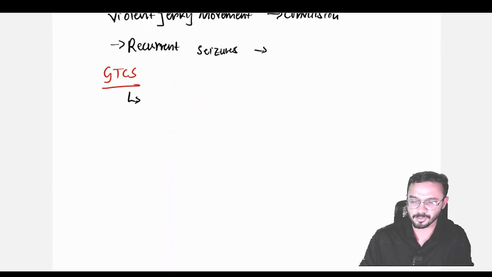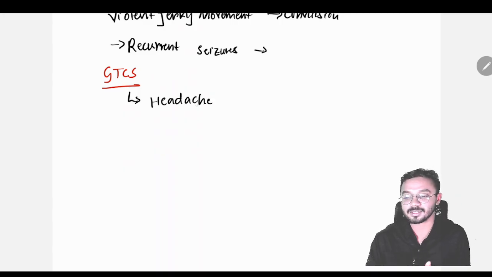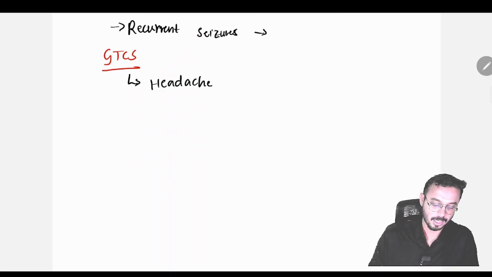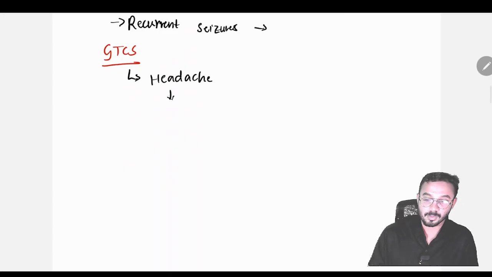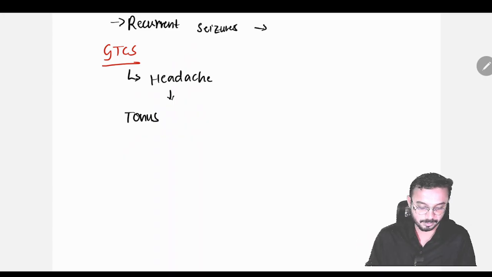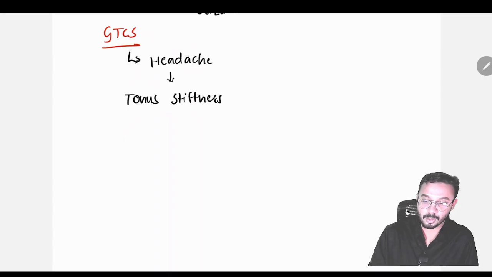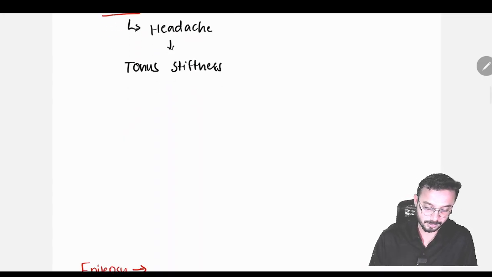In the morning he woke up and said, I am having some headache, and headache is something you get in most of these conditions. When he fell at the bus stop, his tone increased. That is known as generalized, involving all the parts. Tonus is stiffness, and clonus is nothing but jerky movements.